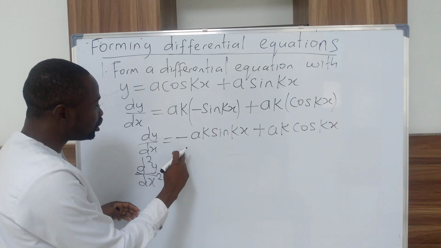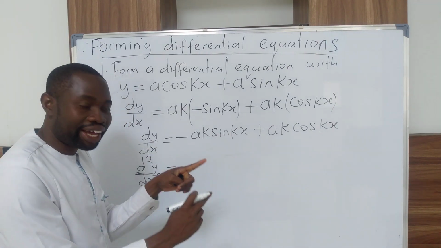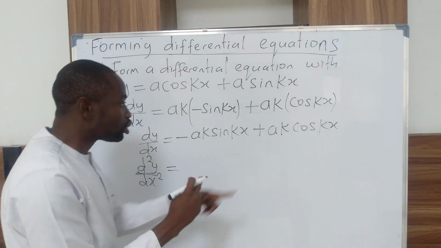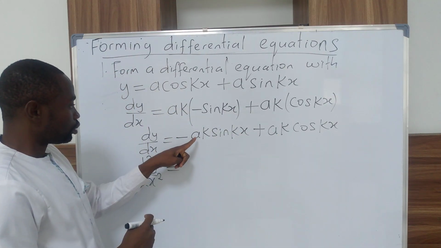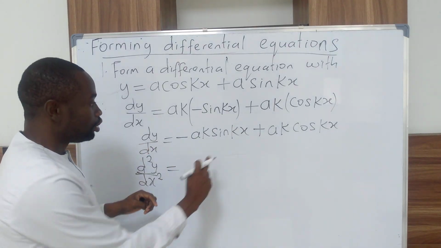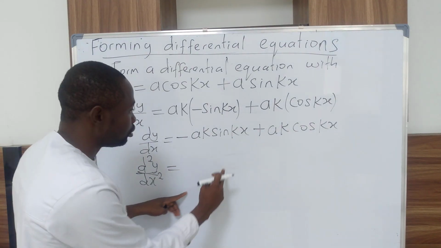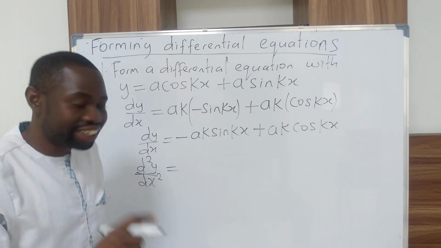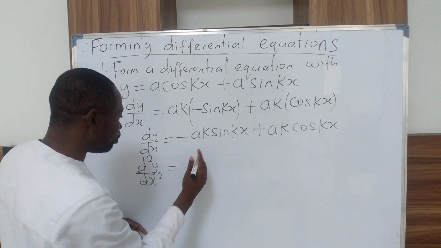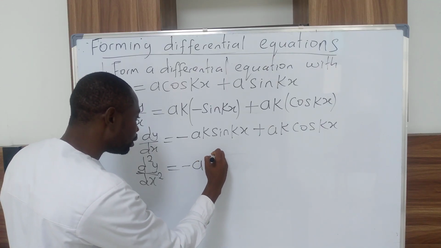If I differentiate sine, I will get cos. If I differentiate cos, I will get minus sine. So again, you will first differentiate what is in front of the sine. If I differentiate kx, it's going to give me k. So k times ak, you have minus ak squared.